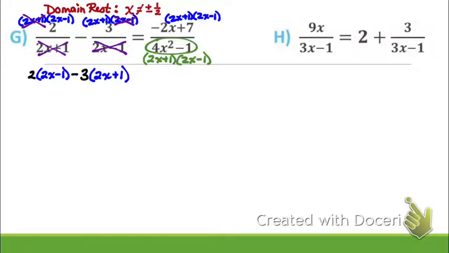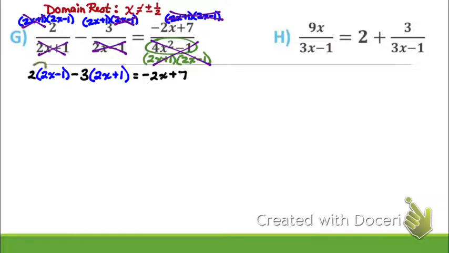So I have 2x plus 1. And what about my last fraction? It's just my numerator. These factors right here cancel my denominator. So negative 2x plus 7.